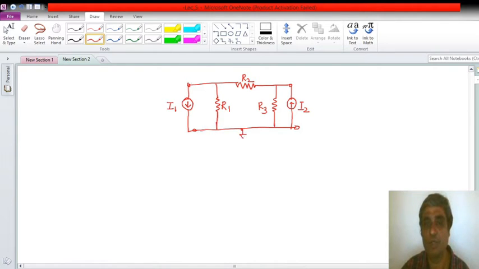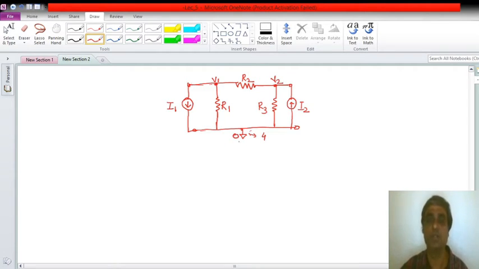So I will take this as the reference node because four elements are meeting. Whereas here there are only three. So I'll name the nodes: this is the V1 node, this is the V2 node, and this is the reference node.